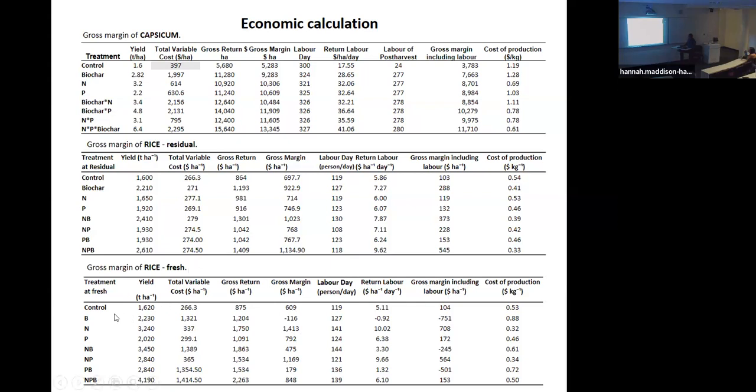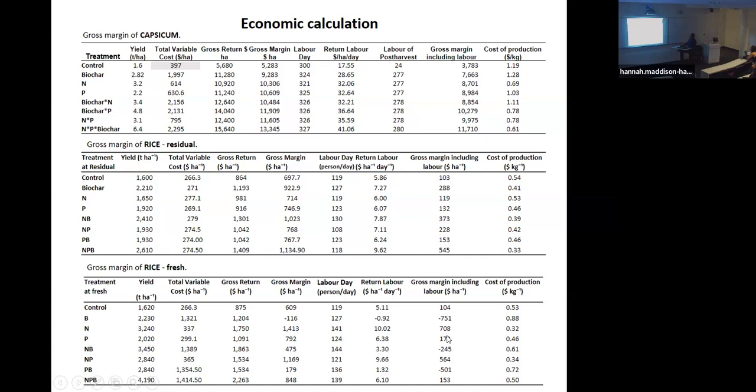But this one is by adding fresh application of N. So what does this one mean? From this data, we can see that if farmers have ability to use biochars fortified with nitrogen and phosphorus for capsicum production in a dry season, they can make money about 1,100 per hectare in the subsequent rice production, or if they have ability to add nitrogen they can make money 1,400 gross margin, or gross margin including labor is 700.